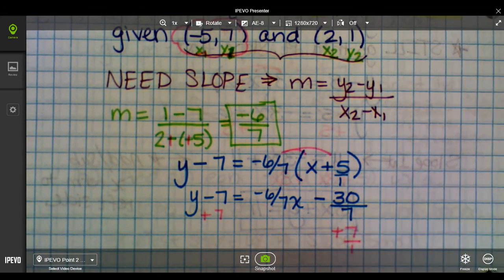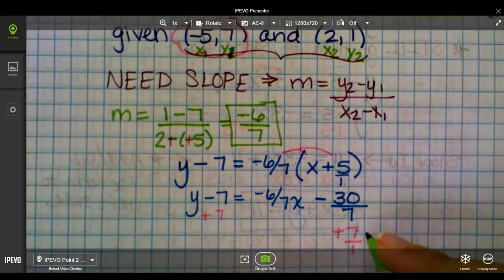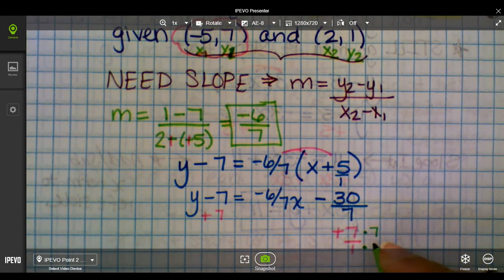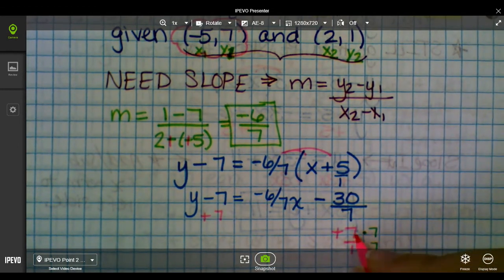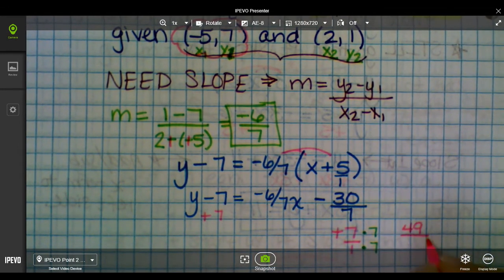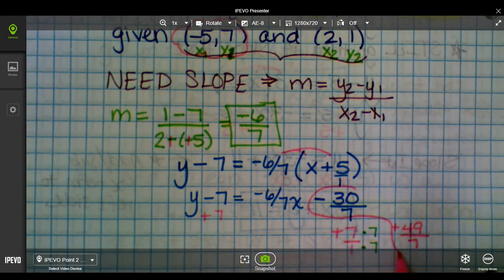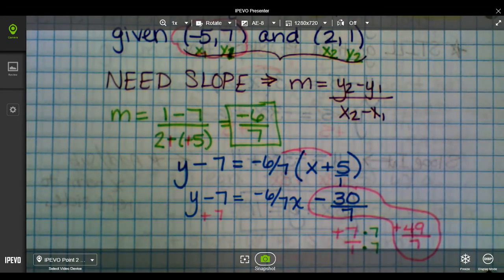But remember that this is just 7 over 1, so I need a denominator of 7. So I have to turn this into common denominators. I want my common denominator of 7, which means I have to multiply top and bottom by 7. So 7 times 7 is 49, and 7 times 1 is 7. So really, I'm adding this to that. Just make sure you're paying attention to that.